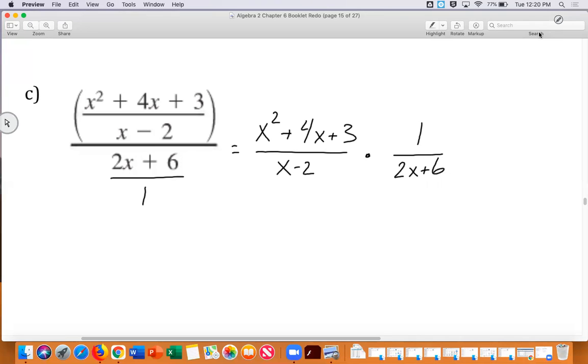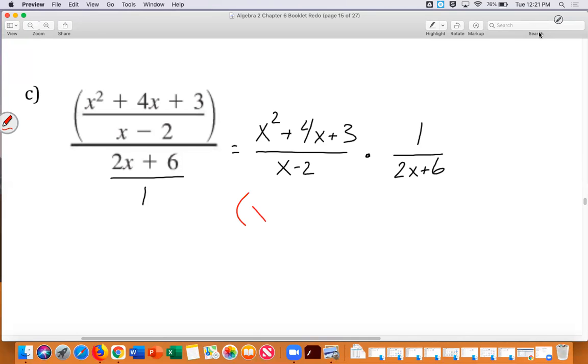Very good. Do you know what that's called? Starts with F, rhymes with tractor. Factor. So we want to factor, okay? So at this step, we want to factor, okay? So Carolina's telling me I want to factor the 2x plus 6, and I also want to take the time to factor that, okay? So what are the factors, Carolina, of 3 that add up to 4?